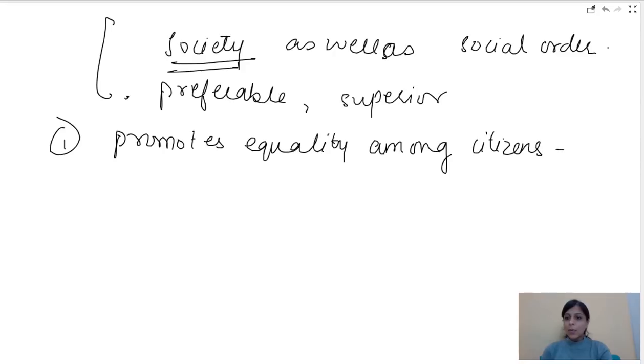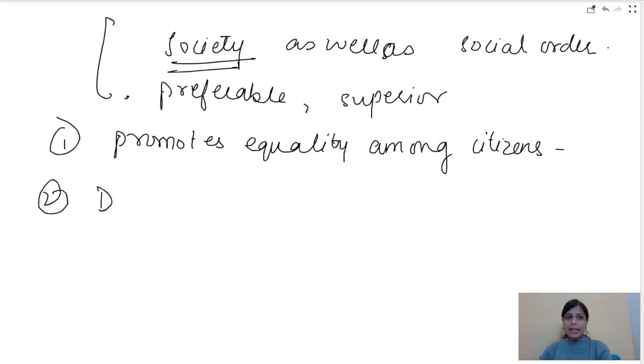When I talk about it promotes equality among citizens, it means each citizen is given equal rights and freedom. So there is no discrimination on the basis of caste, color, sex, creed, religion, anything. So democracy aims at equitable distribution of income, of products, of wealth, and stuff like that.